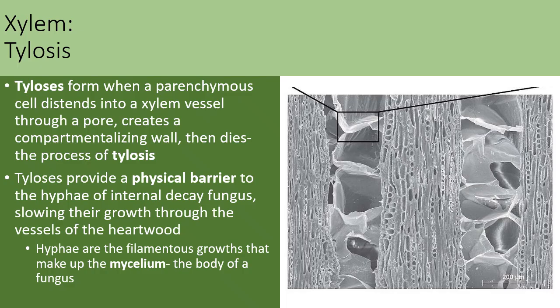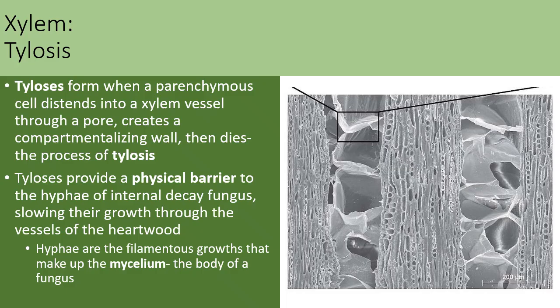These are thinner walled cells that will protrude through a pore in the lining of the xylem tube, flop into the xylem tube, form a compartmentalizing wall, and then die. That process is called tylosis.